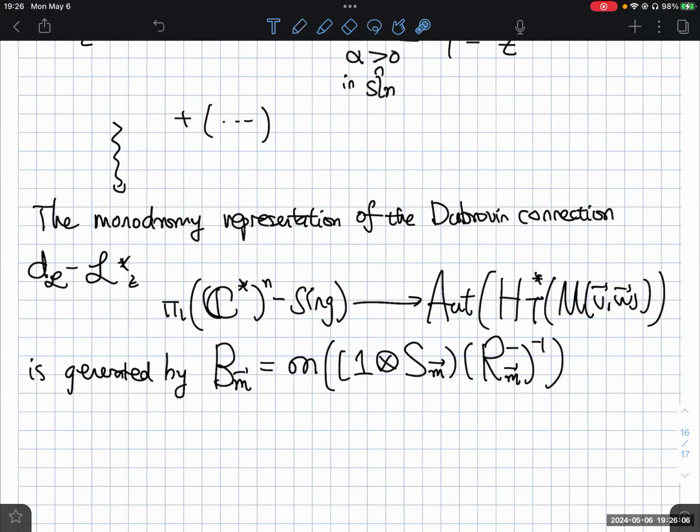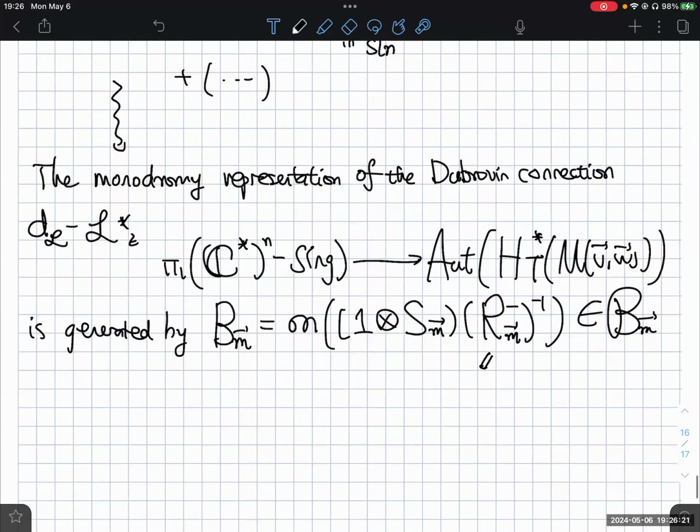So this is the universal R matrix of the algebra, and it belongs to this closed algebra by replacing the variables in this way: we replace q by e^(h bar 1 h bar 2), and q by e^(h bar 1 minus h bar 2).